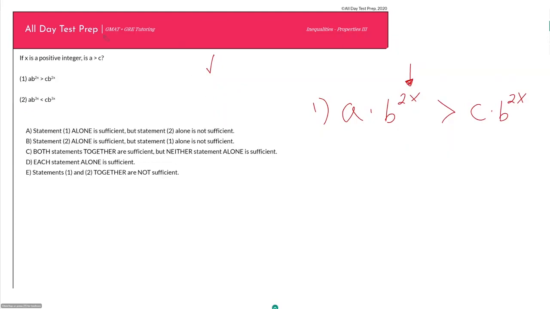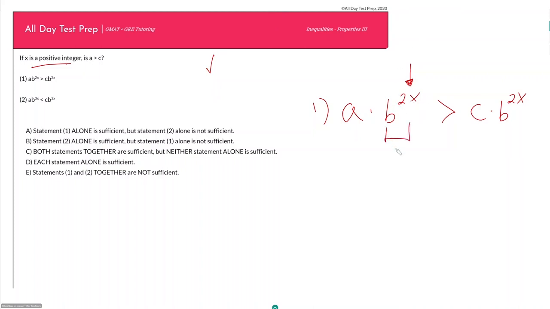And because we know x has to be a positive integer, 2x also has to be an integer, and 2 times any positive integer is going to give you an even integer. And therefore we know anything raised to an even integer, this is just our basic exponent properties, other than 0 is going to give you a positive number.